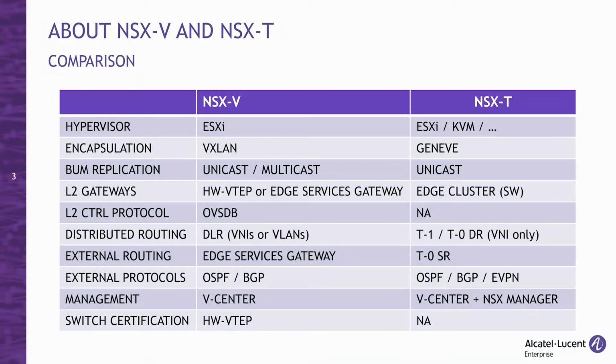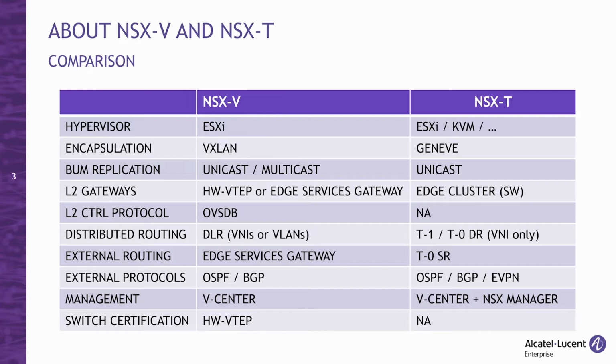NSX-T does not support OVSDB or hardware VTEPs, and to my knowledge, no switching vendor has implemented as of today a hardware VTEP using Geneve encapsulation. The only way in which you can bridge overlay and legacy or physical workloads is by going through an edge cluster, which is software and can be deployed either as a VM or on bare metal.